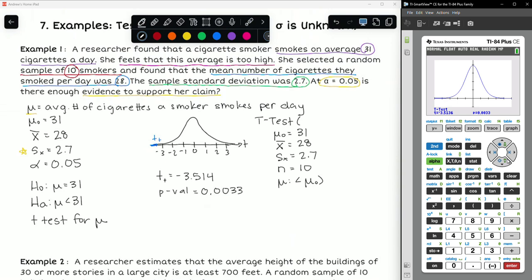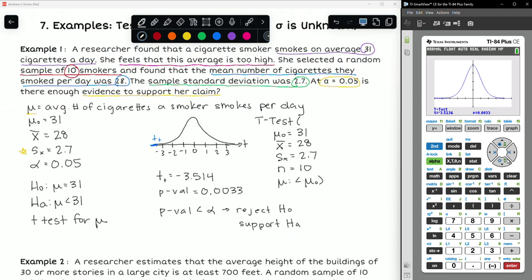I then need to make my decision and summarize my result. For my decision, my p-value of 0.003 is less than my alpha. And when that's the case, my sample is extreme enough that I am going to reject the null, which means that I have evidence to support the alternative.